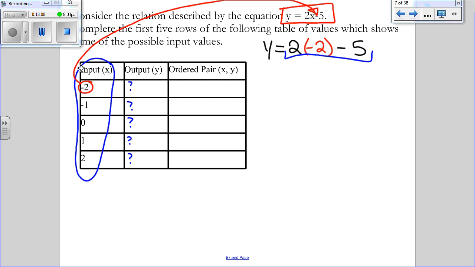And then I close the bracket. And then I go minus, which is the subtraction sign, 5. And I hit enter. And you should get an answer of -9. That means if my input is -2, my output for that equation is -9.